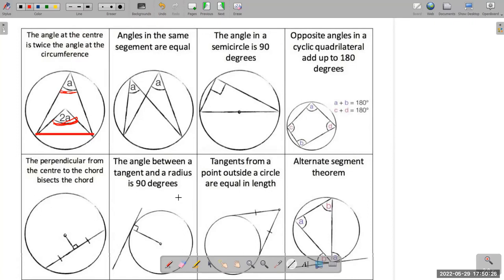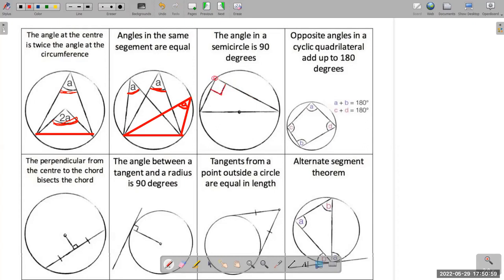Everybody with me? Second one, angles that are formed on the same chord are twin angles. They are equal. So we see here A and A are equal. If I were to form another angle over here, but from the same chord, we're going to realize we can still get the same angle A. Next one, any angle formed on the diameter or in the semicircle, which is half of the circle, is always what? 90 degrees.